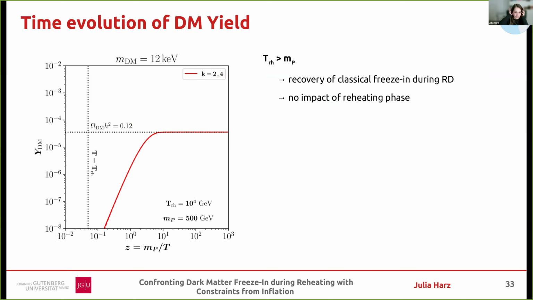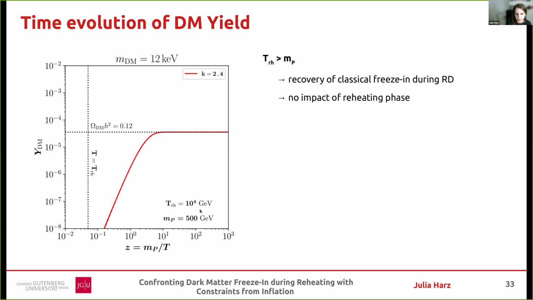So how does it now affect the result? You see, this is already looking very much like what we are used to if we think about freeze-in. Here, the parent particle mass over the temperature. Here, the dark matter yield. Here, I'm frozen in to the right relic abundance value.